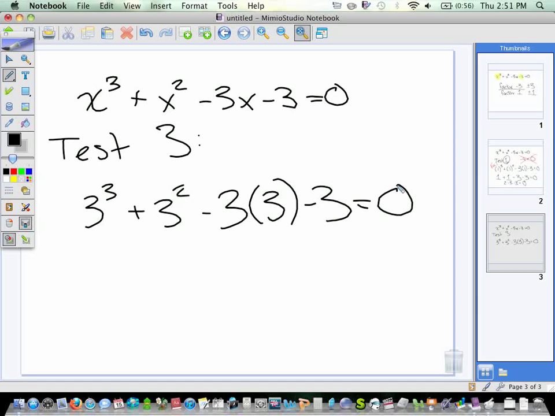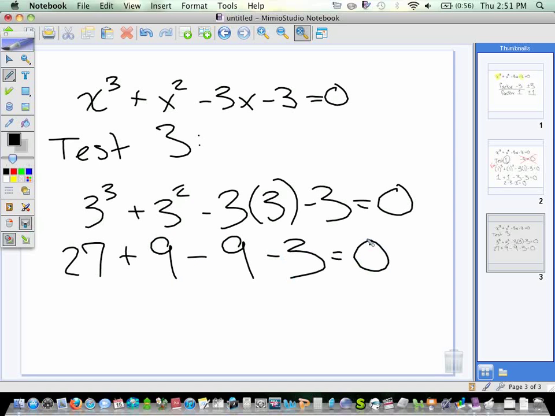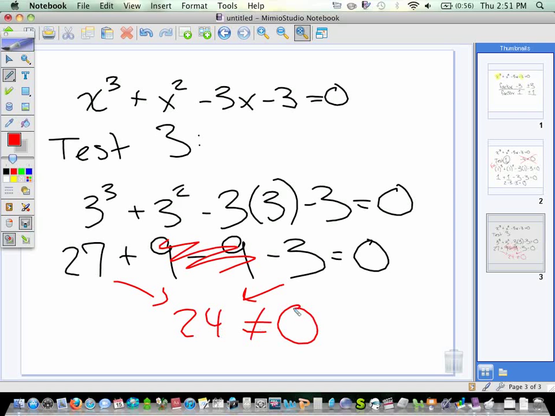Don't get too distraught from them all. So 3 cubed is 27 plus 9 minus 9 minus 3 is equal to 0. And with some simplification, we can already see that the 9's are gone. So 27 minus 3, I'm going to get an answer of 24, which does not equal 0. So this here also fails.